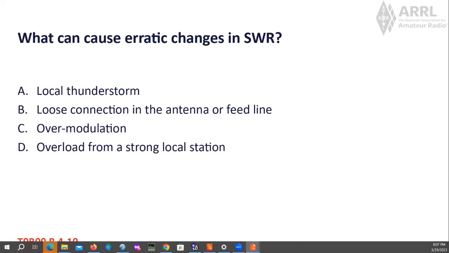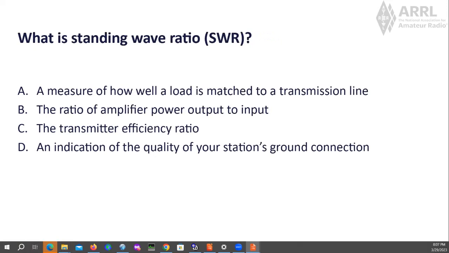B, loose connection in the antenna or feed line. What is standing wave ratio, SWR? And the answer is A, a measure of how well a load is matched to the transmission line.